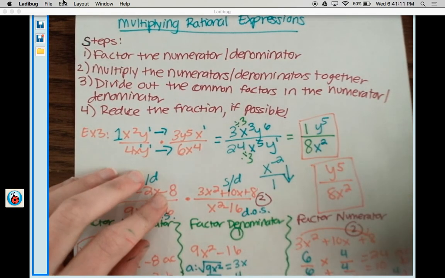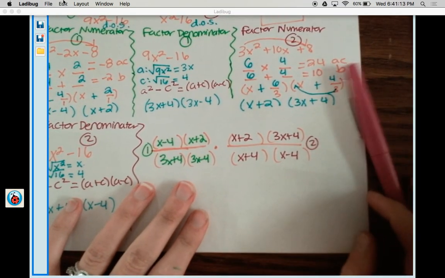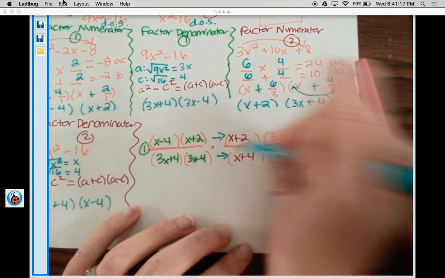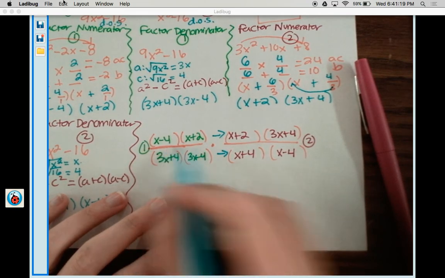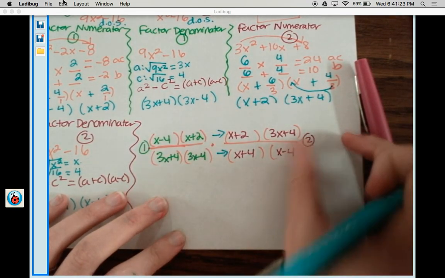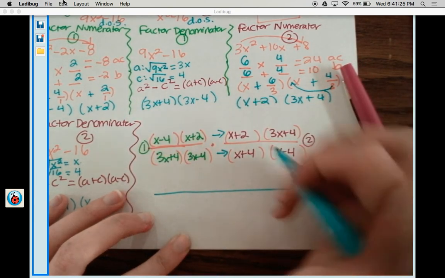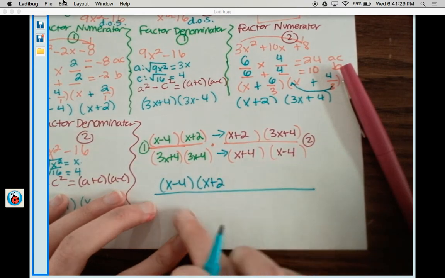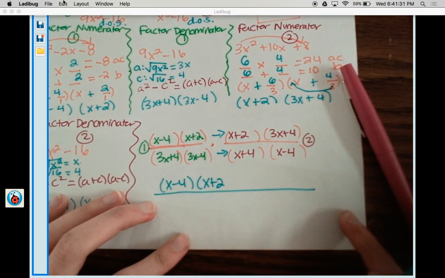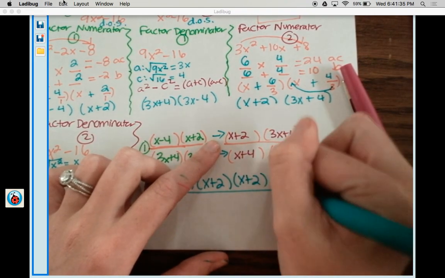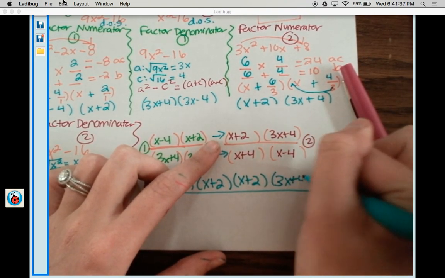So now we multiply straight across. We multiply our numerators together and our denominators together. When we multiply straight across, we're just writing all these factors over one fraction. So I write all the numerators: x minus 4 times x plus 2, then x plus 2 and 3x plus 4.